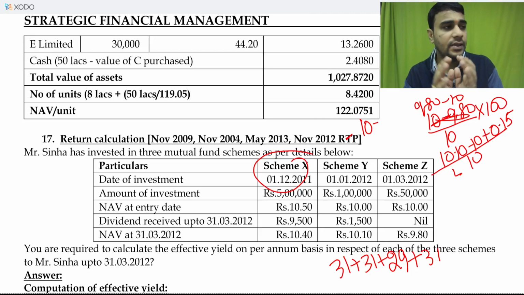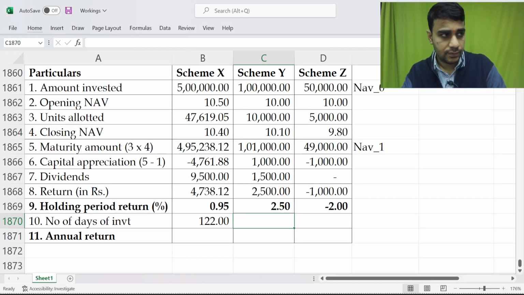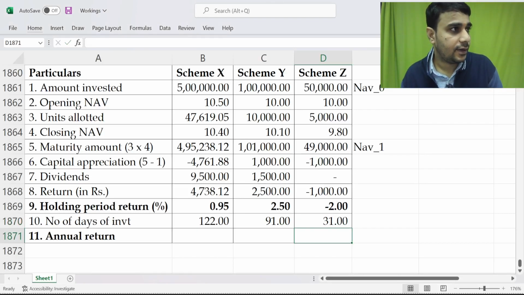I am assuming that I made the investment at the beginning of 1/12/2011. Scheme Y: 31 days plus 29 days plus 31 days. How much? 91. Scheme Z: only 31 days.